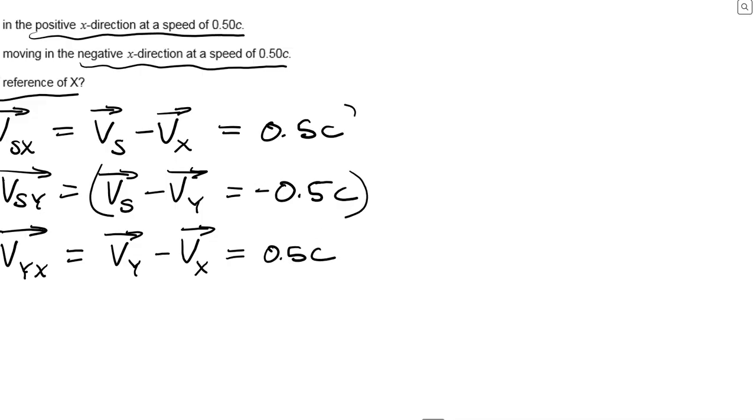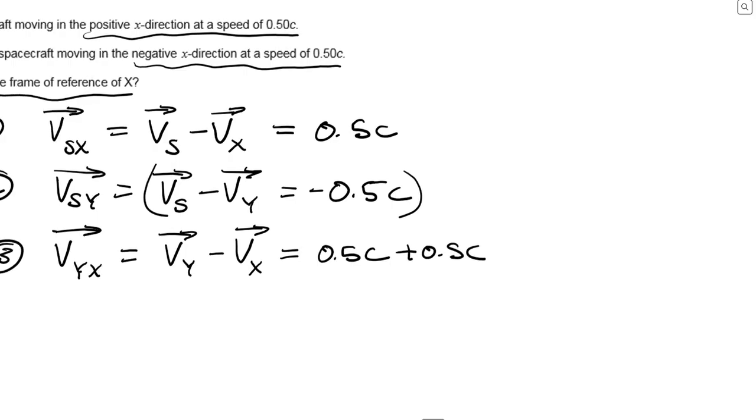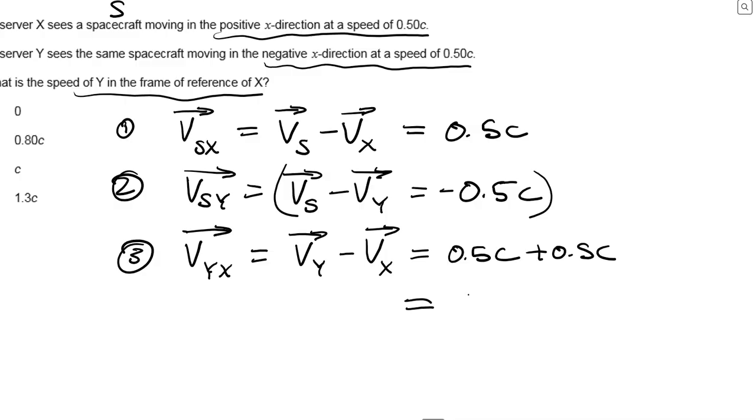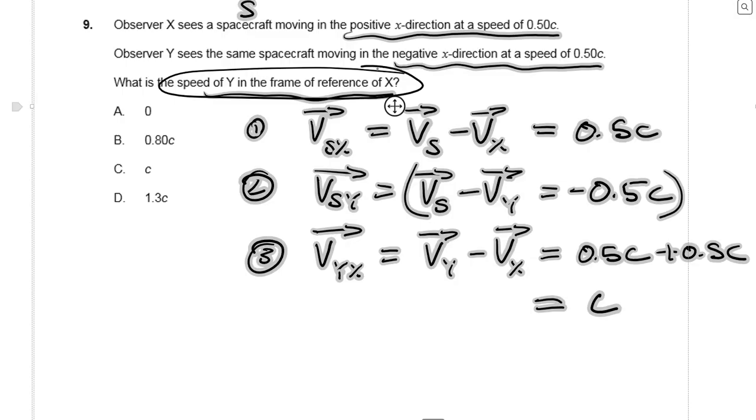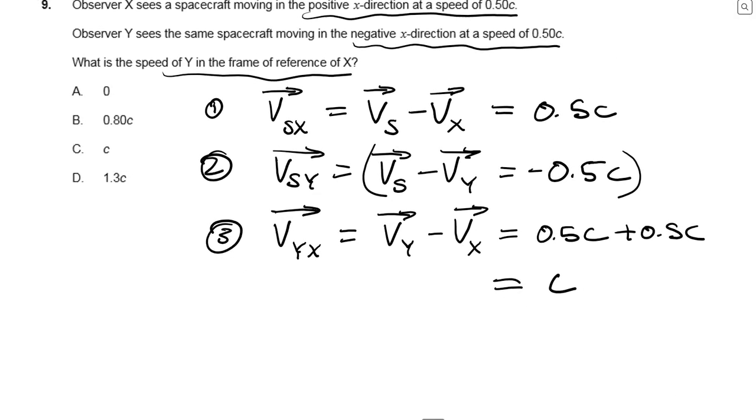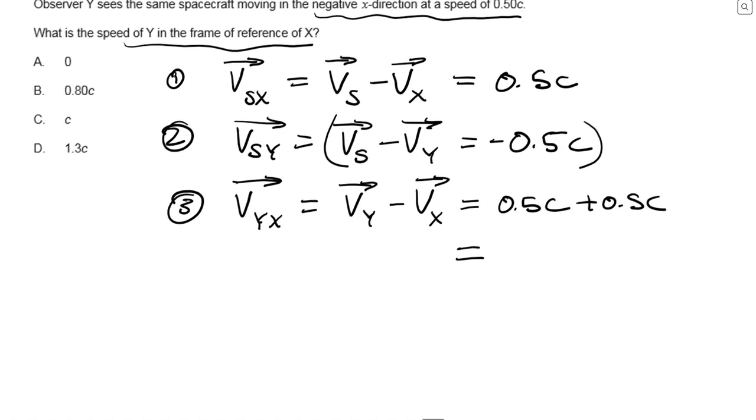This becomes positive. This is still positive, plus 0.5 c. So what we have is c. And now what we must understand is your relative speed cannot be at the speed of light. You can't have the relative speed of a rocket at the speed of light. A rocket anyway doesn't travel at speed of light.